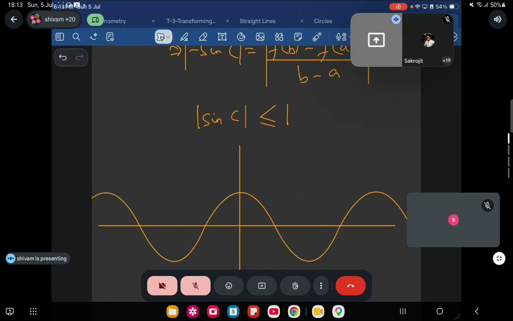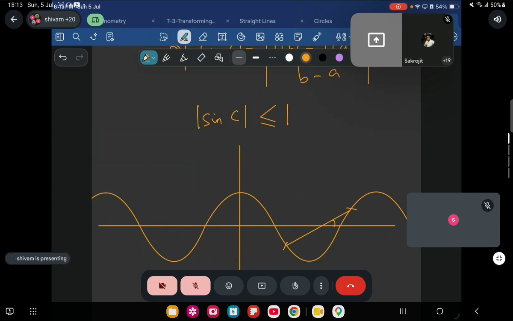In this graph, join any 2 points. The angle which it makes with the x-axis will always be less than or equal to 45 degree. Check it. You can never get an angle which is more than 45 degree. Try it out. The angle is always less than or equal to 45 degree.